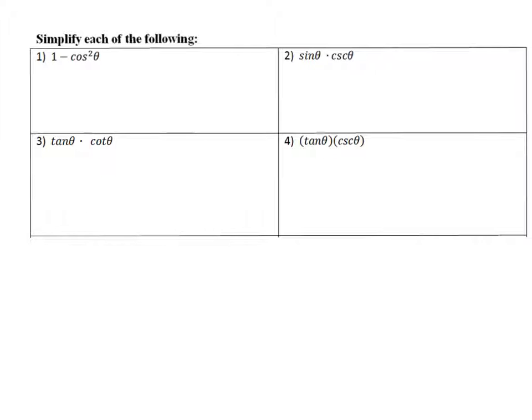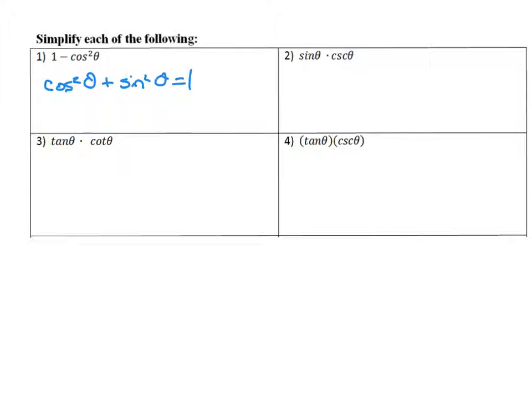So number 1 says, let's simplify each of these expressions. I see 1 minus cosine squared, so I am just going to refer back to my Pythagorean identity. Remember that cosine squared theta plus sine squared theta is equal to 1.